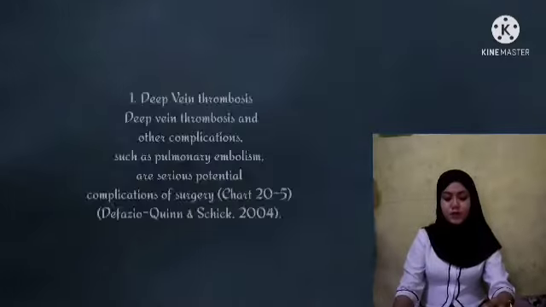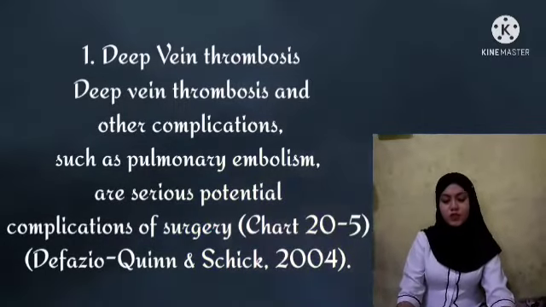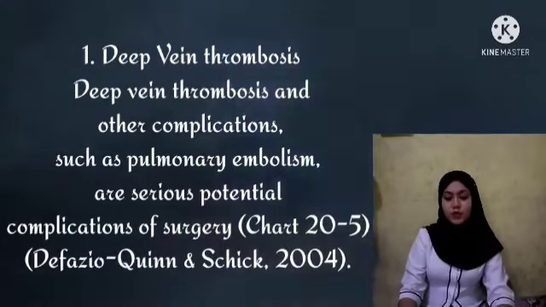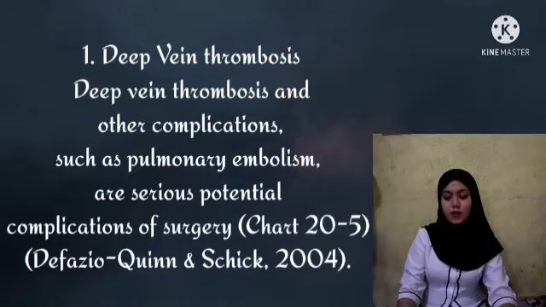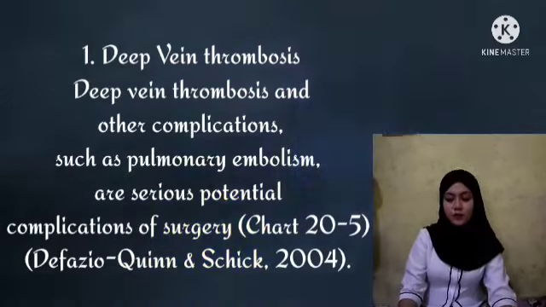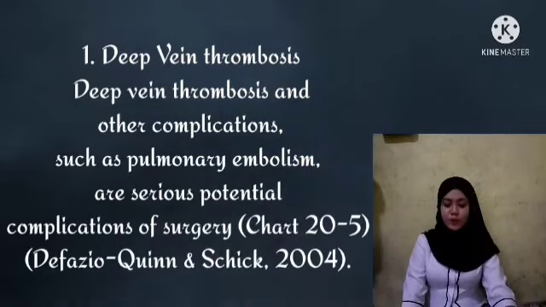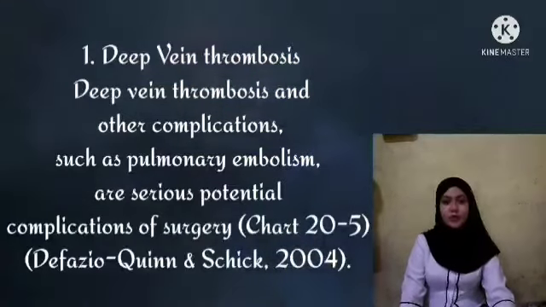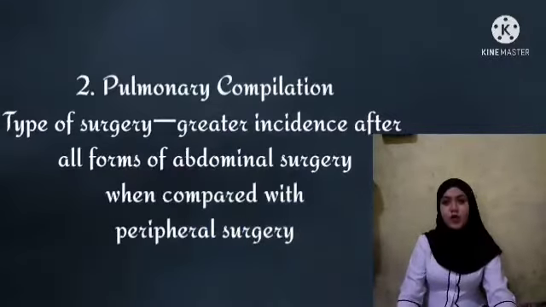So the first one is DVT, also known as deep vein thrombosis, one of the most treated complications in postoperative patients and is associated with considerable morbidity and mortality. The majority of patients with postoperative DVT are asymptomatic. The second one is pulmonary complication.